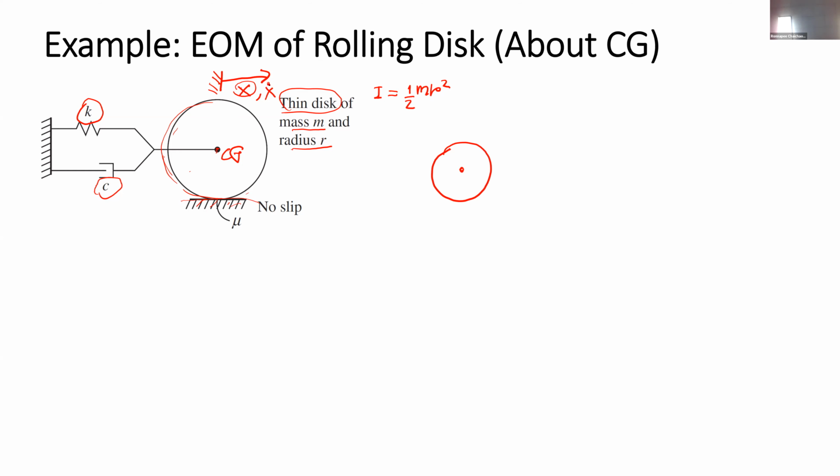We have two forces that connect to the center: k x by the spring, and another force c x dot by the damper. And this is on the floor, so we're gonna have the normal force and we're gonna have the mg.